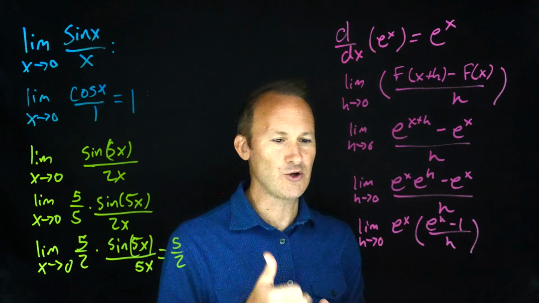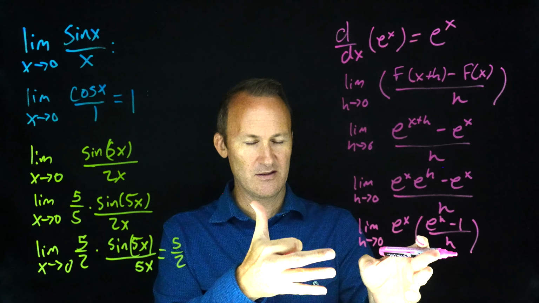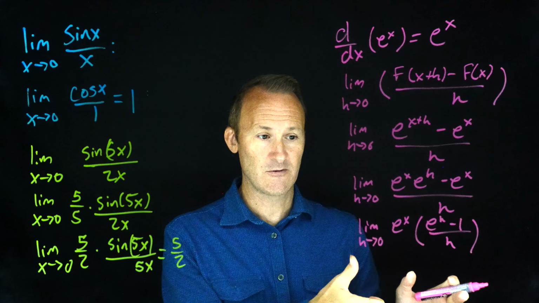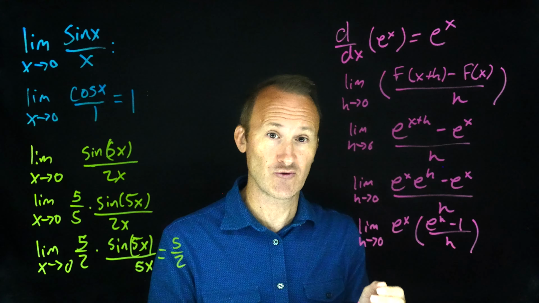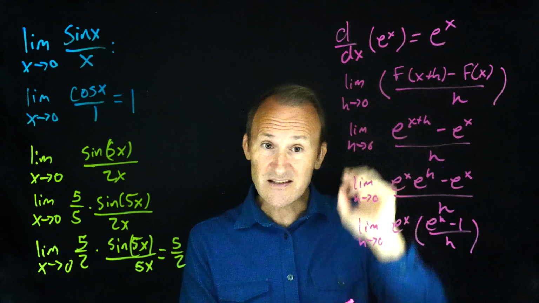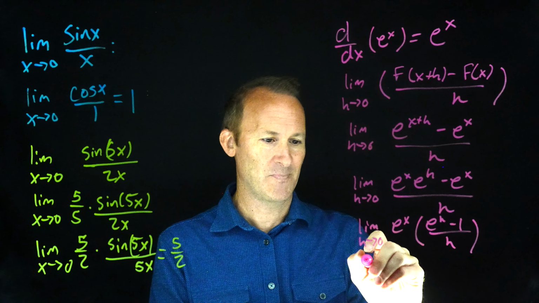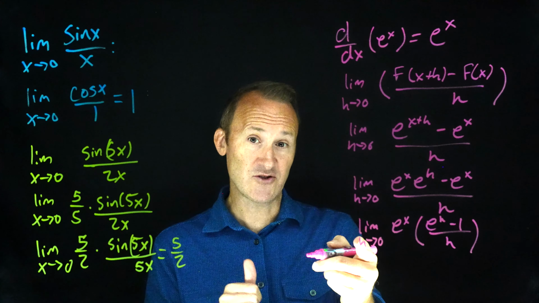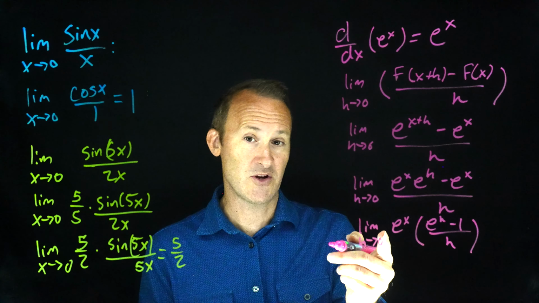So the only way that this limit can equal e to the x, which we needed because this is the definition of the derivative, and we've given that d dx of e to the x is e to the x, is for e to the h, when h goes to 0, okay, e to the x is not affected, right? There's no h in there.